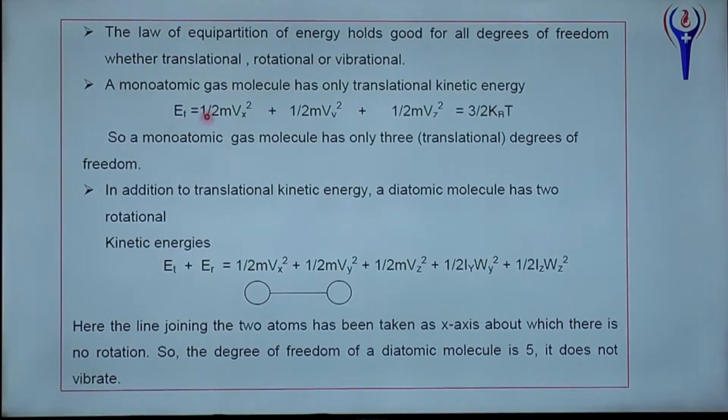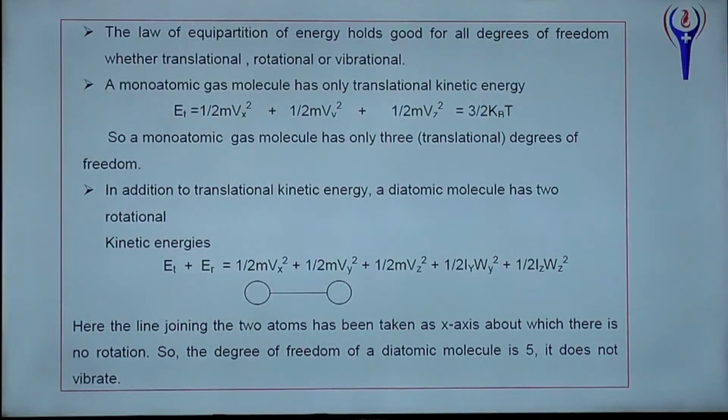A monoatomic gas molecule has only translational kinetic energy, 1/2 mvx square along the x-axis, plus 1/2 mvy square along the y-axis, plus 1/2 mvz square along the z-axis. So here 3 degrees of freedom, n by 2 kT with n equal to 3, so 3 by 2 kT.